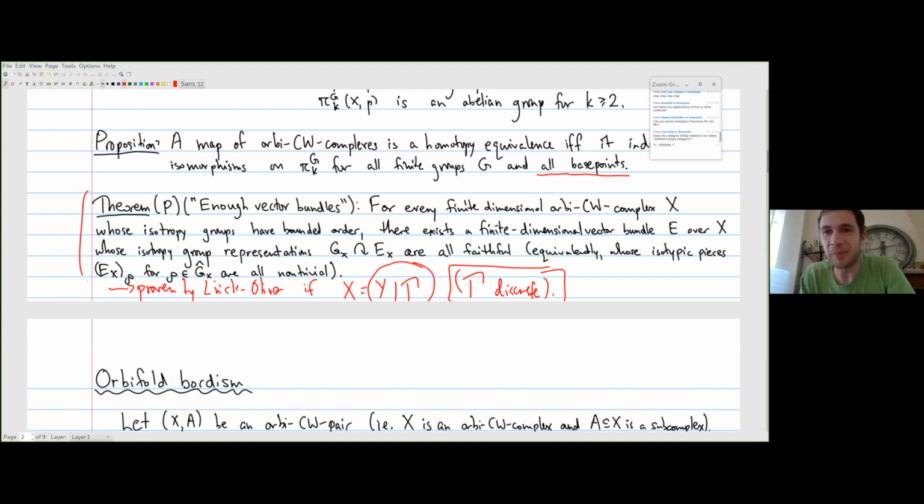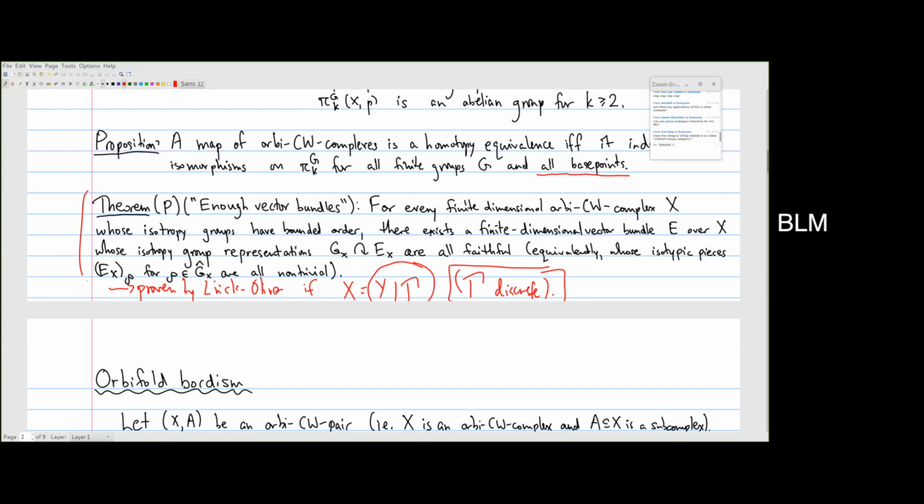You can ask again. This desire to set up a bordism theory and a stable homotopy theory that's good for this orbifold setting, is it philosophically equivalent to understanding sheaf theory over the stack of these Riemann surfaces?